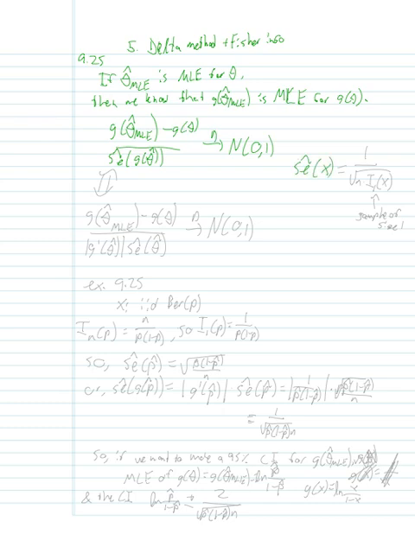Note that standard error of x is equal to 1 over square root of n times I1 of x. Note this sub 1, it means that instead of in the last example where we had I sub n of x, meaning that we had a sample of size n, we have a sample of size 1.